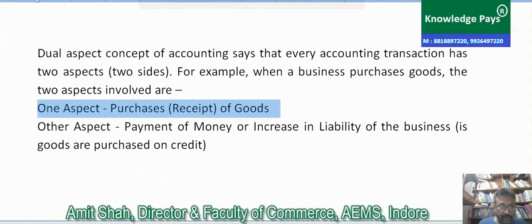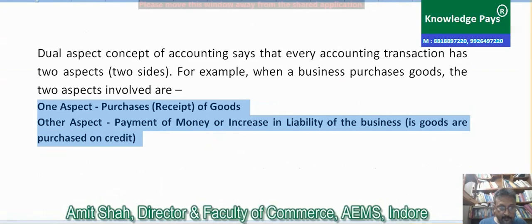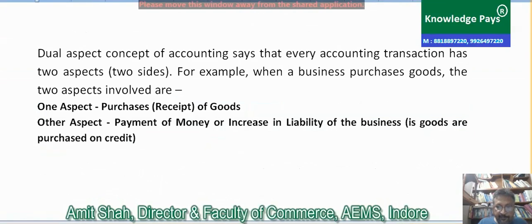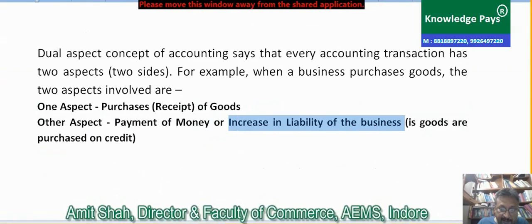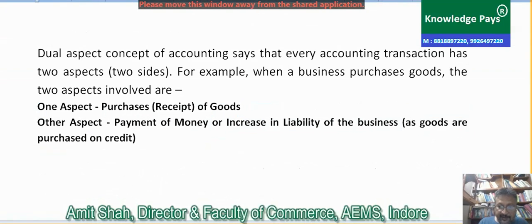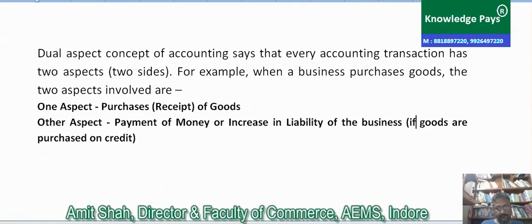Have you got this, Tanu, or not? Yes, sir. When a business purchases goods, I repeat, the one aspect that is involved is purchases or receipt of goods, and the other is either payment of money if goods were purchased by paying money upfront, or if money is not paid, then increase in liability of the business, if goods are purchased on credit.